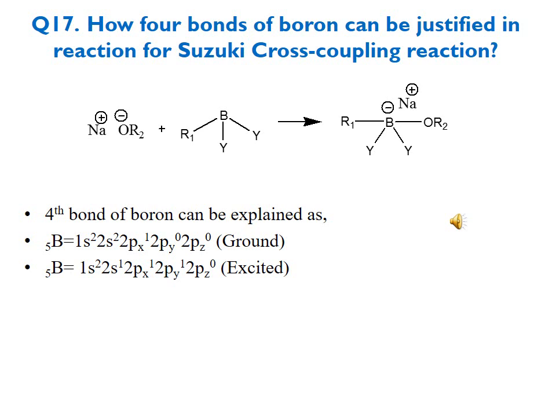It has 1 unpaired electron, but when 1 electron is shifted from 2s to 2p, then we get 3 unpaired electrons making 3 bonds, but the 2pz orbital is empty, and this orbital can acquire a lone pair through a coordinate covalent bond. Here you can see the case in which OR minus from the sodium base is coming towards the boron and making a coordinate covalent bond. So boron is getting the negative charge due to the negative charge of this alkoxy group.